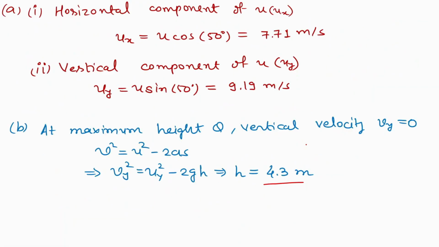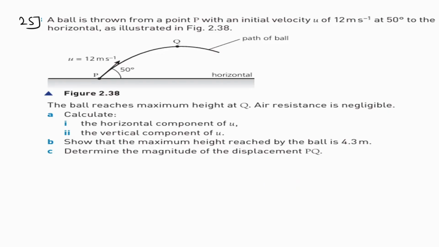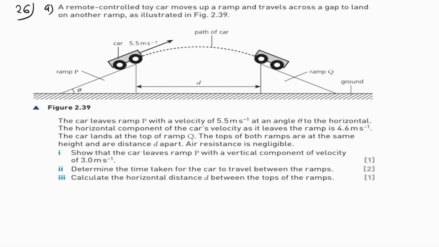I hope you can clearly get the idea of the concept of question number 25. Now, the last question. Question number 26 says a remote controlled toy car moves up a ramp. It goes up the ramp and travels across a gap to another ramp.